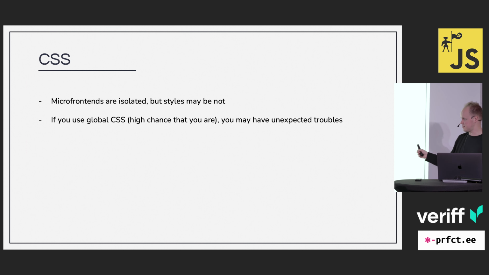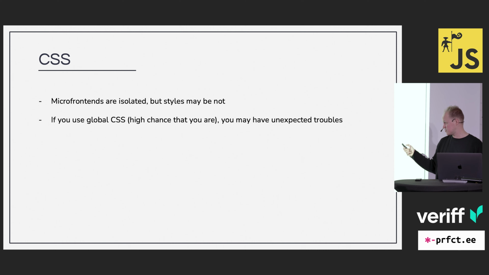MicroFrontends are isolated, so this app is completely independent from another app, and if you didn't expose anything and you didn't describe it in the contract and you didn't provide that, for example, display toast function, you'll never be able to communicate between two frontends. You could if you just go through the global window, but that's not how things are going.